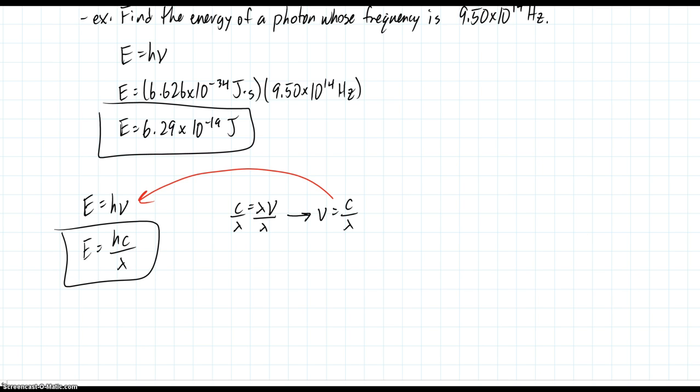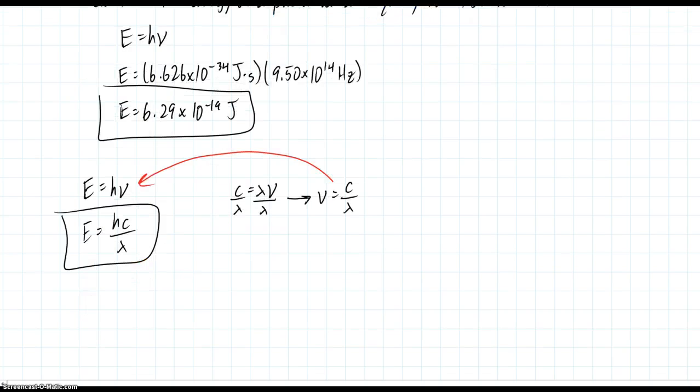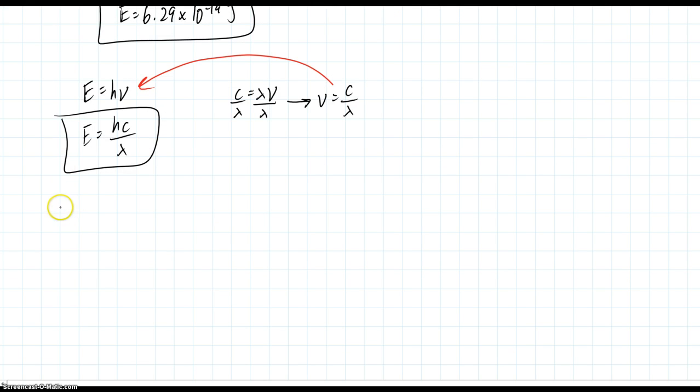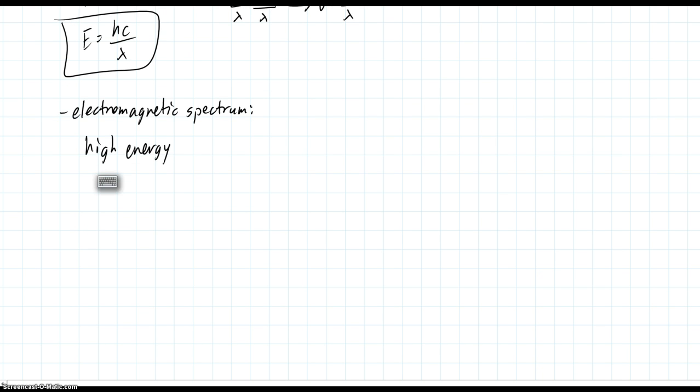I mentioned earlier that we can use particularly this second equation and the first equation actually also to learn something more about properties of different electromagnetic waves. So remember that we've divided up the electromagnetic spectrum into several categories. And the way that we arranged it initially was from high energy down to low energy.